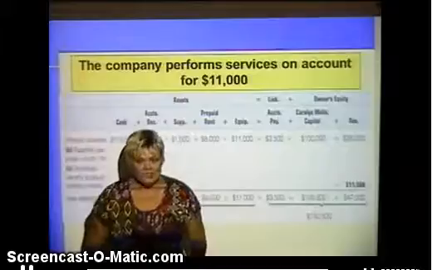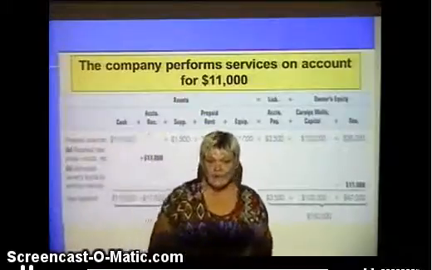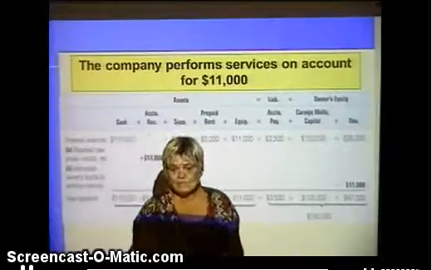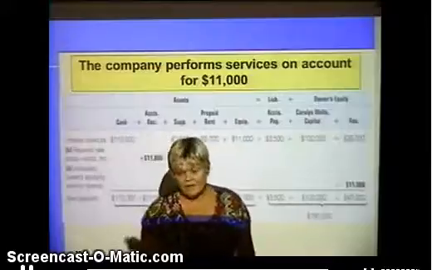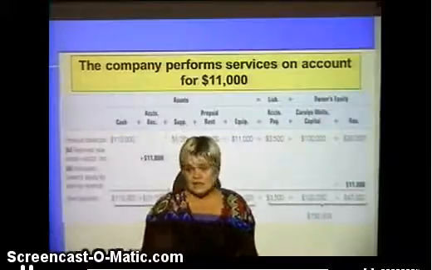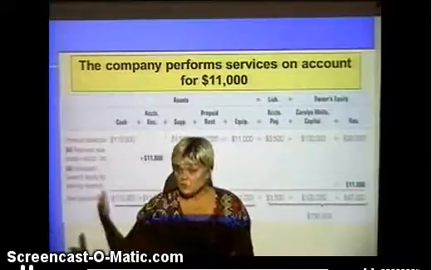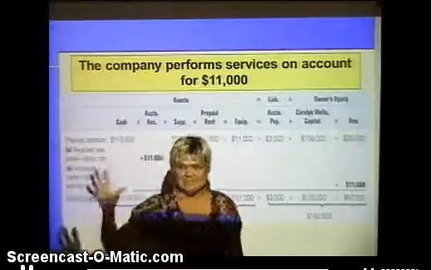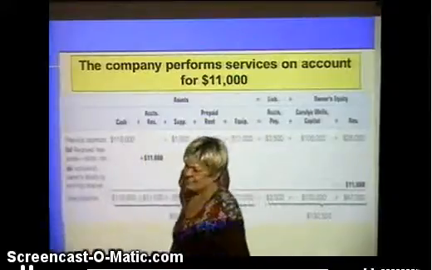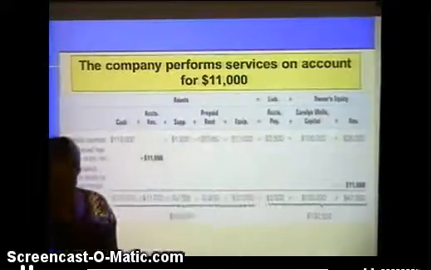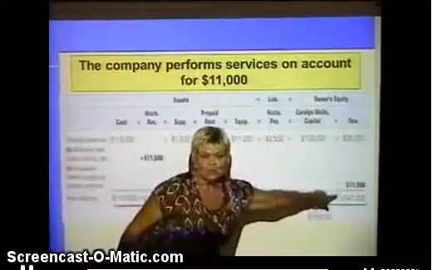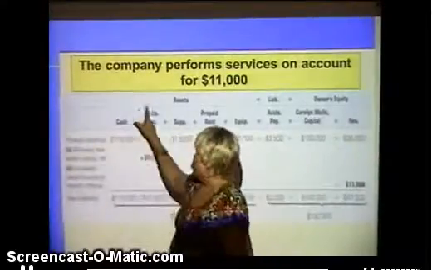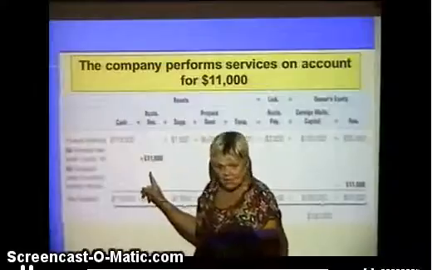Accounts receivable, yes, because we're going to receive money, right? And we're assuming at this point that they're going to pay us. So it's the same as cash, it just means we're going to get it later, right? So far, so good? We added it to our revenue up here, didn't we? We have a new asset account called accounts receivable.